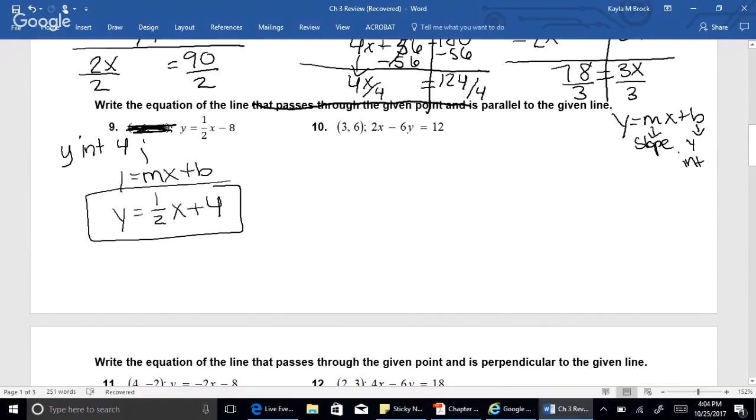Question 10 that I wrote was a little bit different too. I said y-intercept of 8. And y equals 2x plus 16.